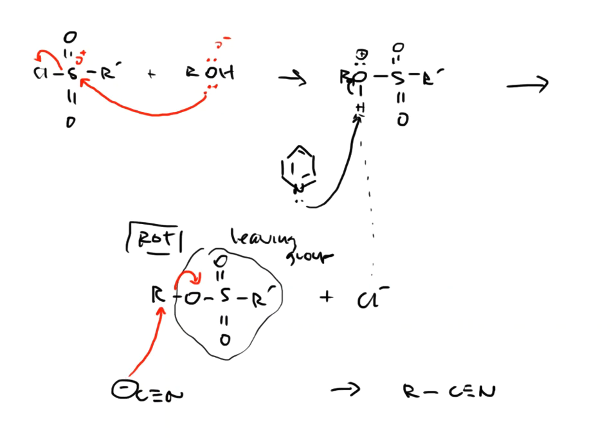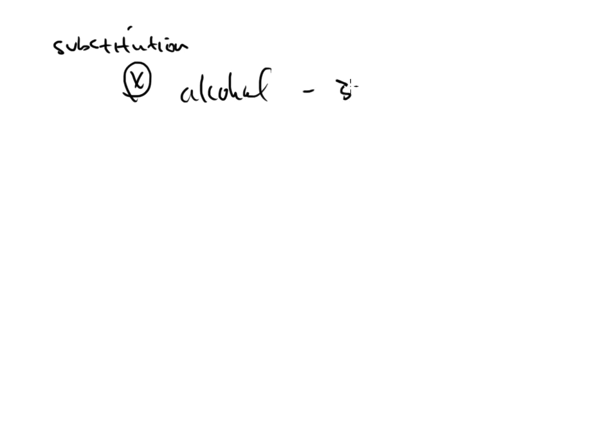Now, let's talk about some things. There's some caveats here. First off, we're talking about substitution quite a bit, aren't we? We're talking about the substitution of the leaving group with another nucleophile, substitution playing a really big role in this particular type of reaction, as it has really with some of the others as well. But the substitution reactions will not happen if you have an alcohol that is tertiary.